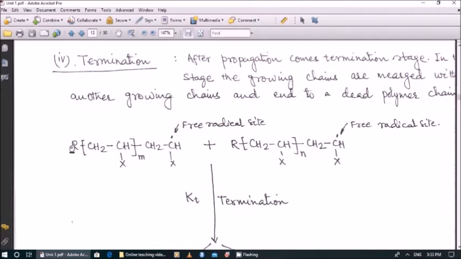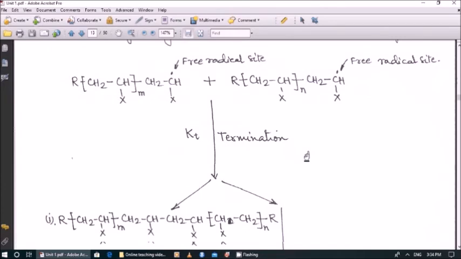Here you can see this one is my first growing chain, which is going to react with another growing chain in the same reaction mass. The free radical site of the first chain is here and the free radical site of the second chain is here. There are m repeating units in my first chain and n repeating units in my second chain.